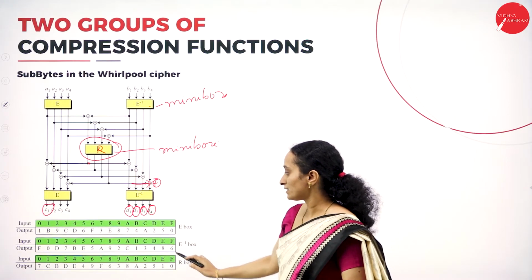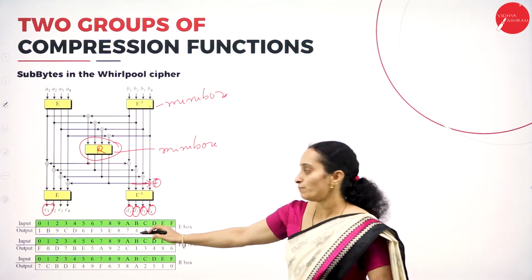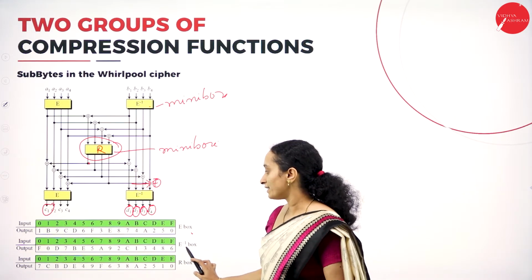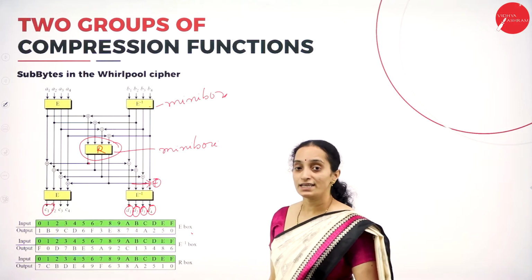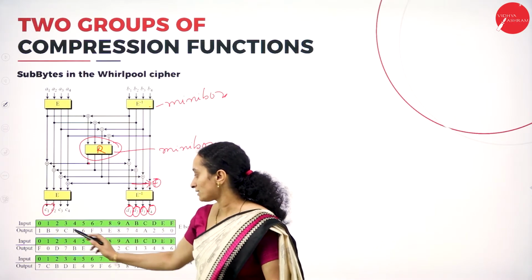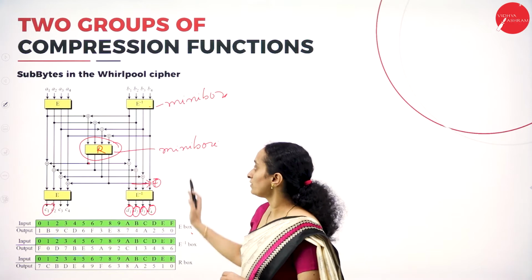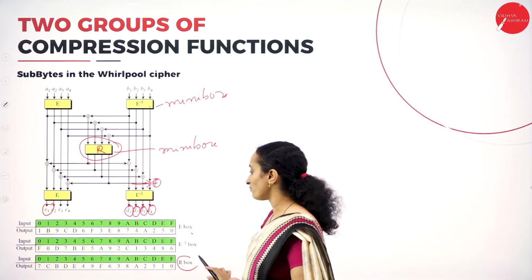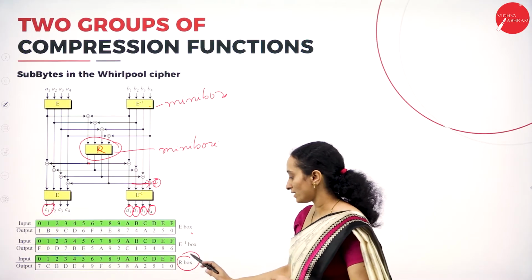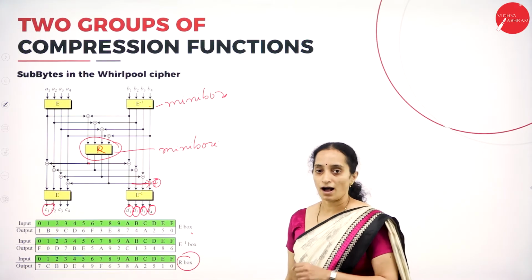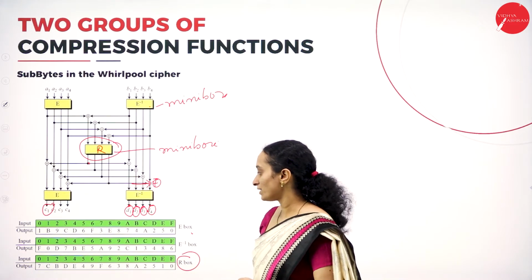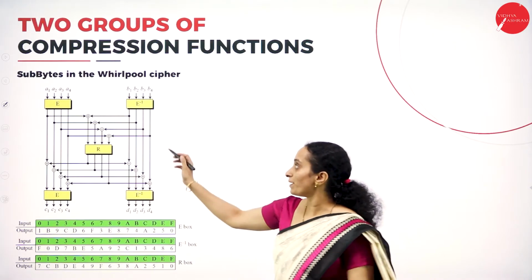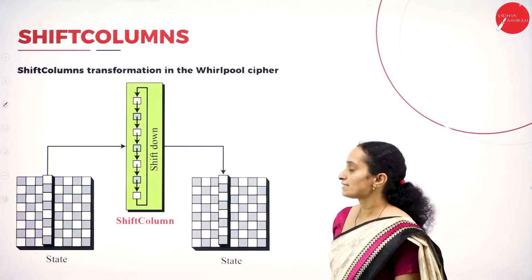These bytes are shown in the form of the block. We have the output of the E box, and the input and output of the E dash box. We get the inverse input and output for E and E dash. They are inverted and both are fed with the XOR operation into the R box. So we get this value. This is how you get SubBytes in the Whirlpool cipher.